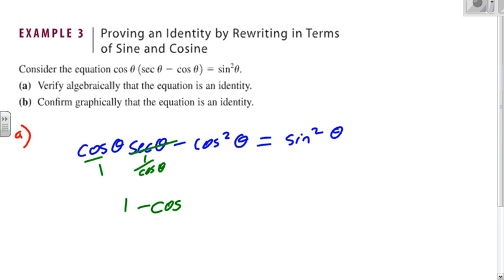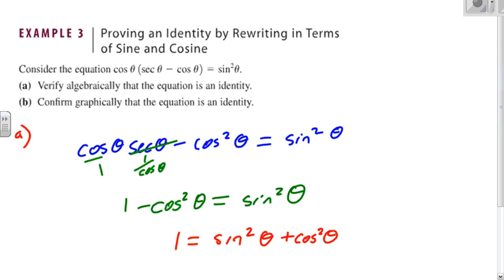So we have 1 minus cosine squared equals sine squared. And that's actually the Pythagorean identity just rewritten. If you add cosine squared to the right, we'd have 1 equals sine squared plus cosine squared, which is true.